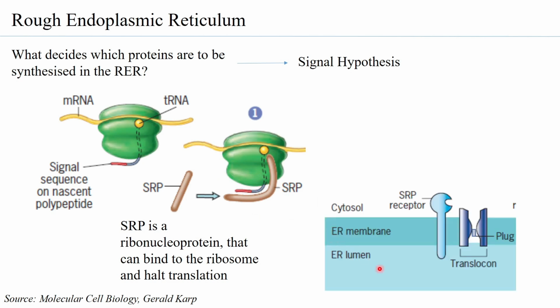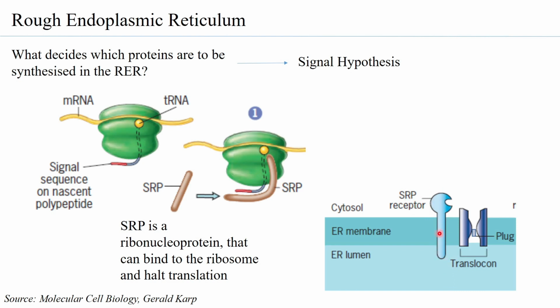So let us look at the endoplasmic reticulum itself. You can see that this is the endoplasmic reticulum, this part is the membrane, and this is the ER lumen. On the membrane of the endoplasmic reticulum is what is called the signal recognition particle receptor.